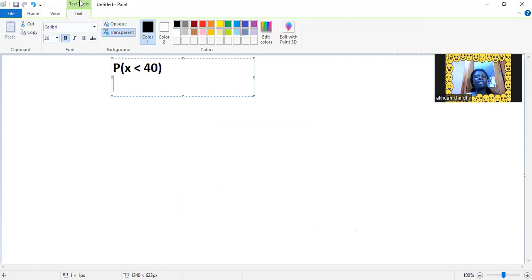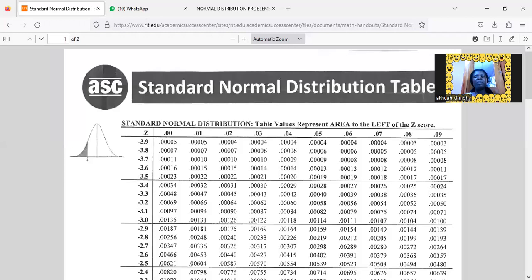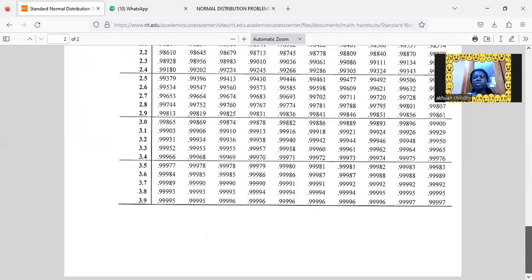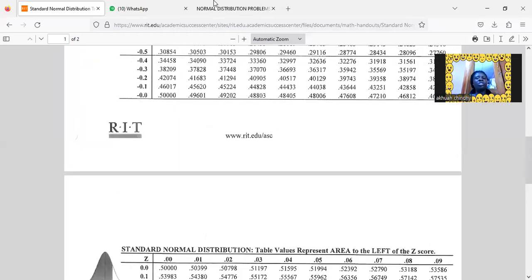This is the table, and we see that the values here range from -3.9 to +3.9. So we don't have 40 on the normal distribution table.